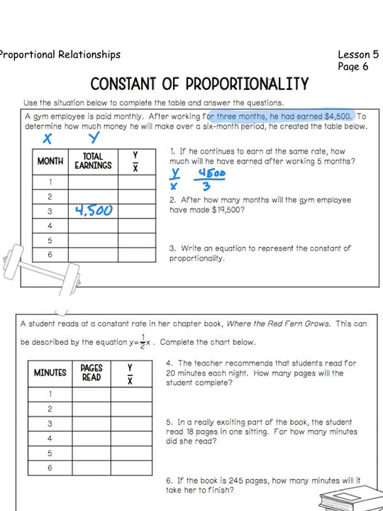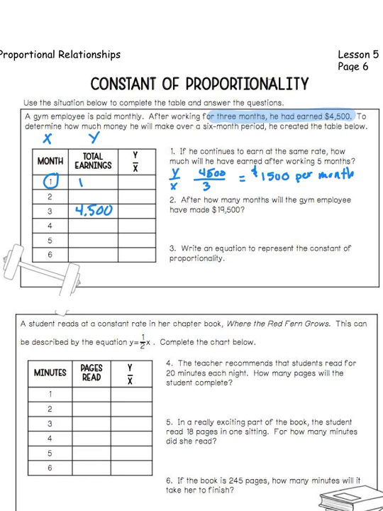And then I'm going to take my calculator and divide 4,500 by 3. And when I do that, I get 1,500. When we do that, that means this is $1,500 per month. And so that little bit of information they gave us up there also told us how much he earned in 1 month.